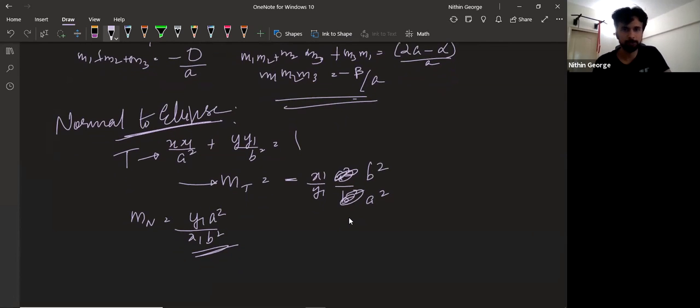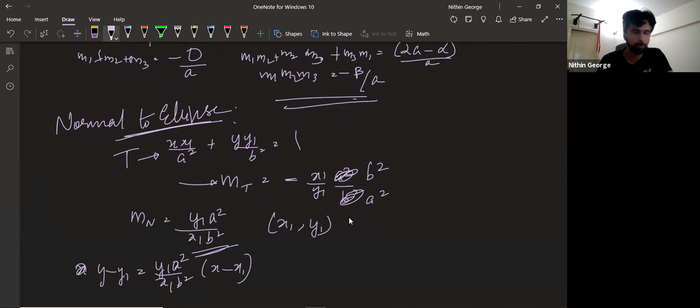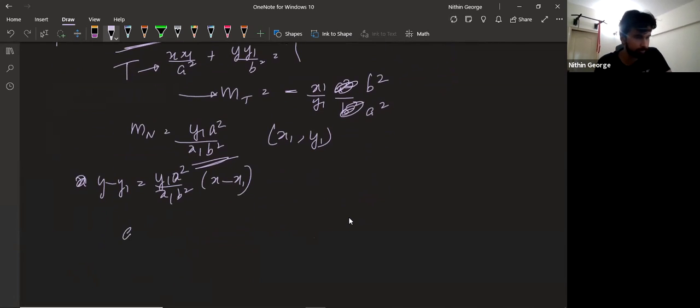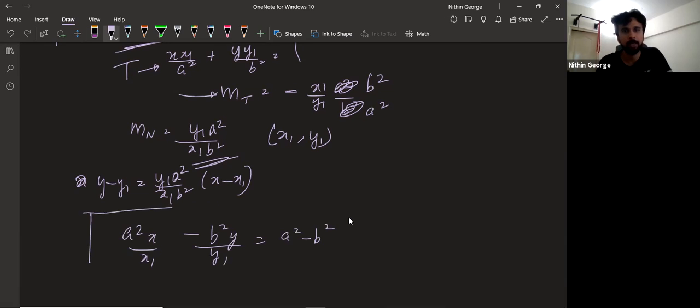So since we know that the point on the ellipse through which the normal passes will be x1 comma y1, the equation will be y minus y1 equal to slope into x minus x1, from which we obtain the equation a square x by x1 minus b square y by y1 equal to a square minus b square as the equation of the normal.